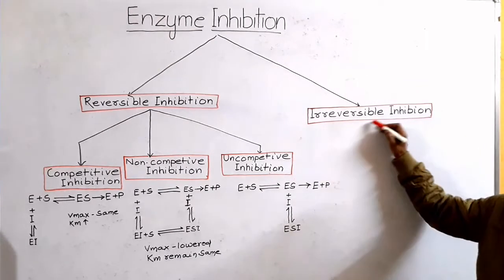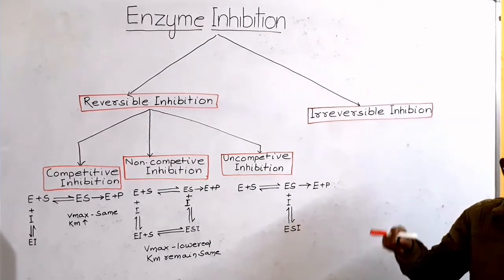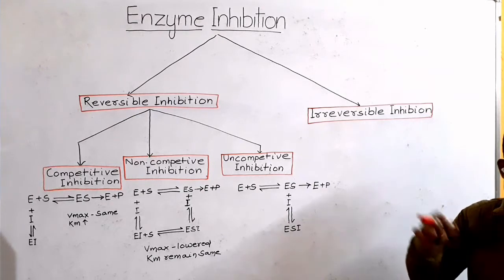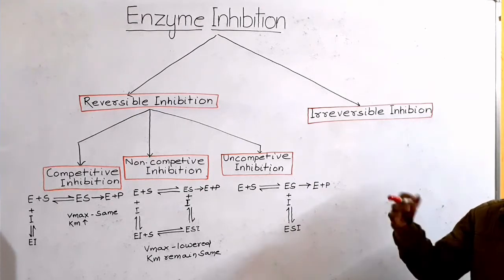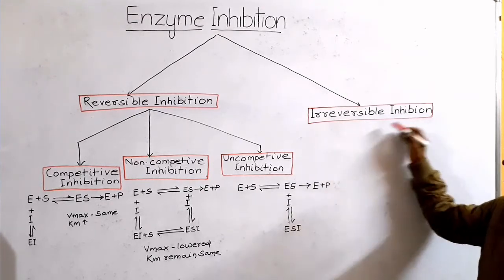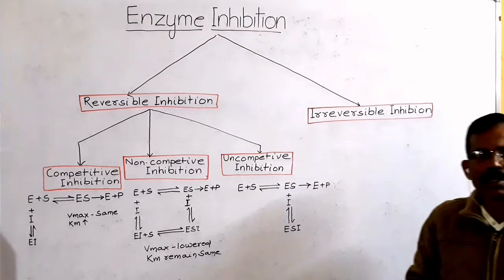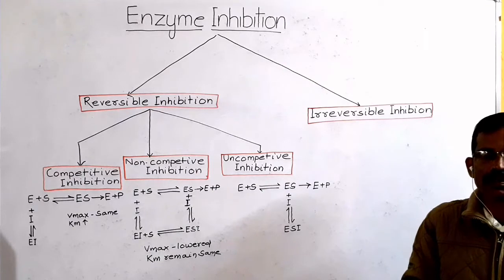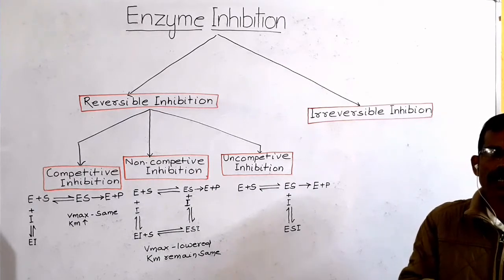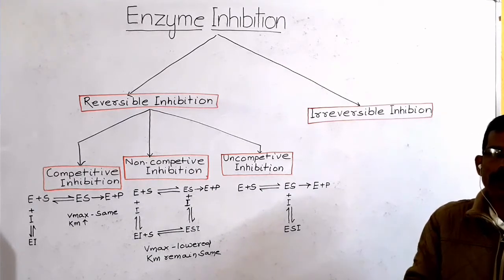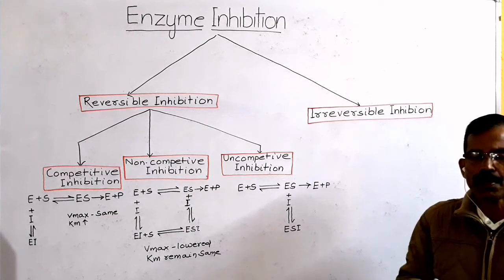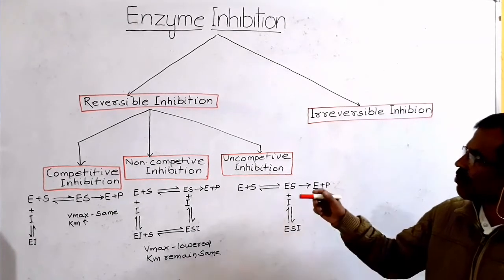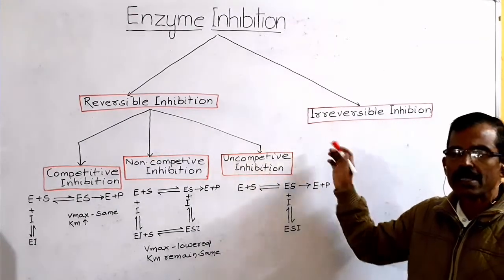Such inhibitors form both covalent and non-covalent bonds with the enzyme. In irreversible inhibition, a specific functional group of the enzyme that is crucial for its activity is permanently inactivated. So friends, this is all about different types of enzyme inhibition.